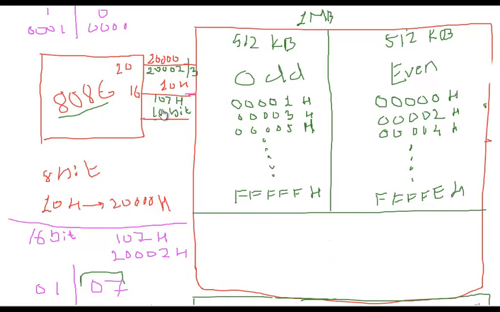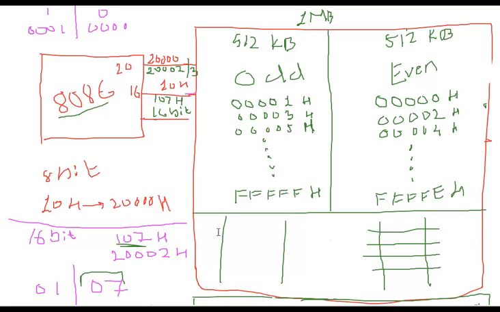Now while storing this 16-bit data 0107, we need the first location as 20002. So 20002, it is here in the memory. And the odd bank also has the same structure. So say that this is location 20002.